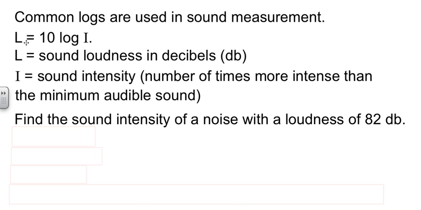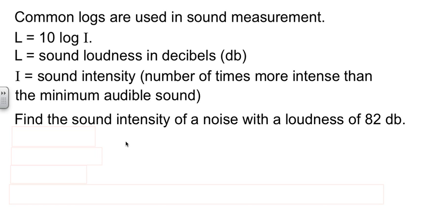And our formula is L equals 10 times log of I. L stands for the loudness of the sound measured in decibels. And I stands for the sound intensity, which is the number of times it is more intense than the softest minimum audible sound. There's a certain sound level that it takes for humans to hear. And we use that as our basis. You'll see how that works here in just a minute.